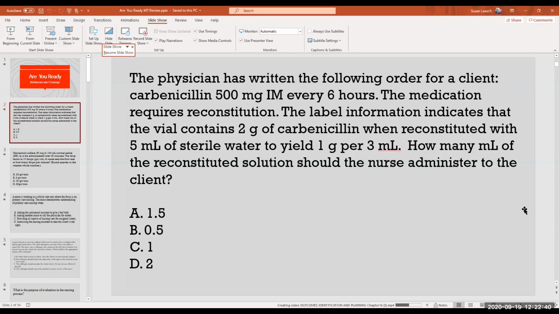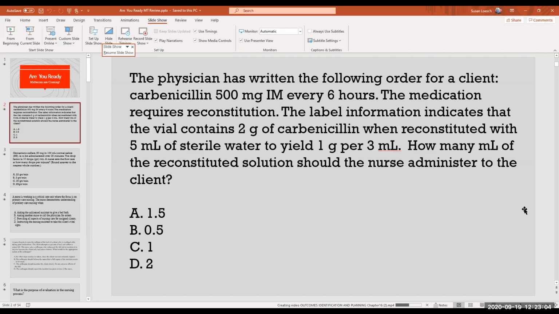In order to make that medication work, you have to add some water or normal saline to turn that powder into a liquid so you can inject the patient with it. It doesn't matter how much water you add to it, because what matters is the concentration after I add the water.